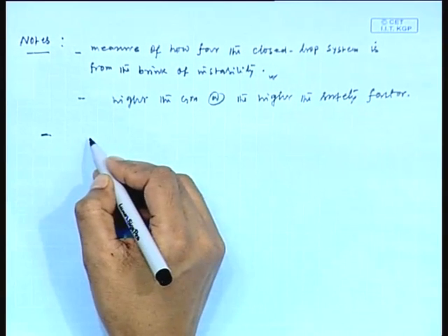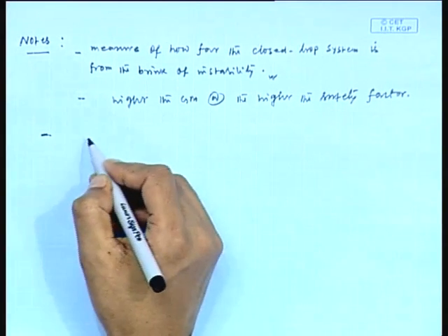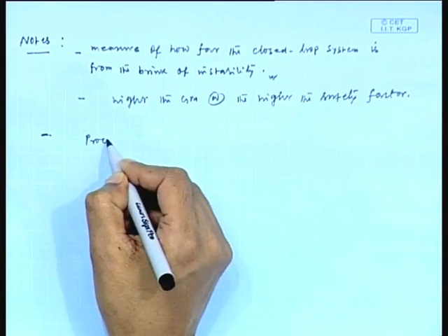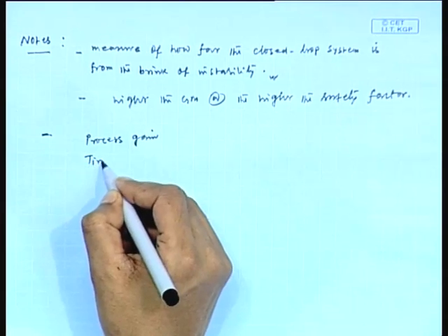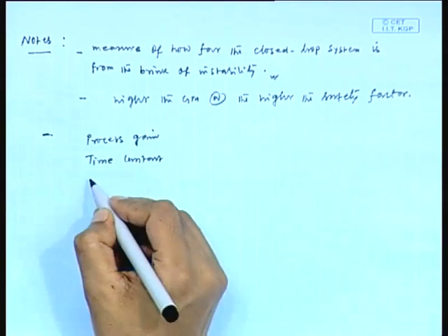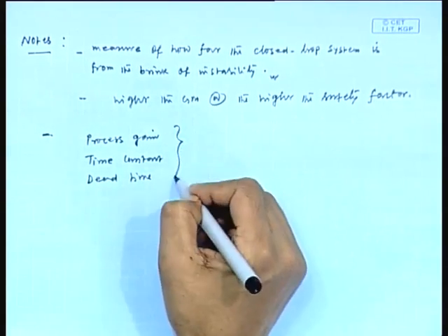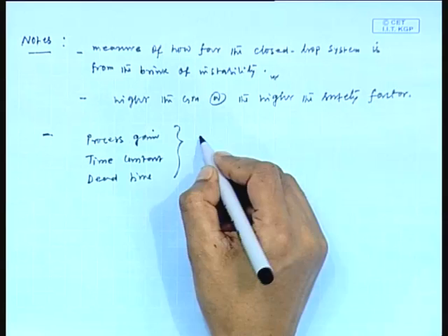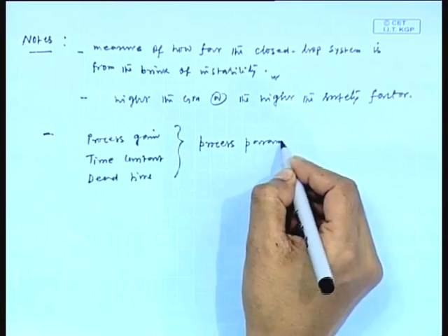Process parameters means process gain, time constant, dead time, etc. These are the process parameters.